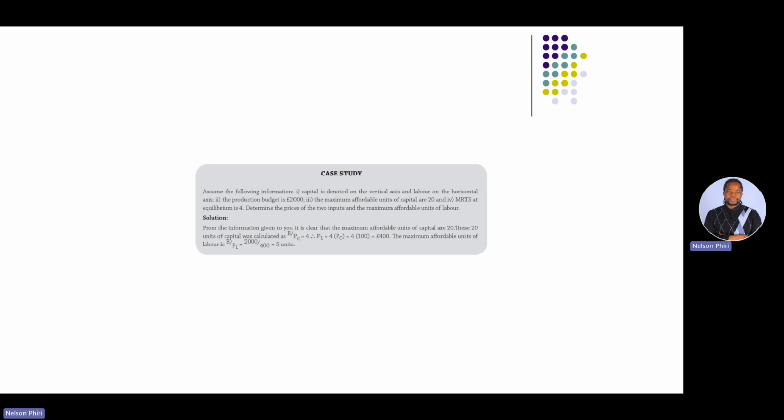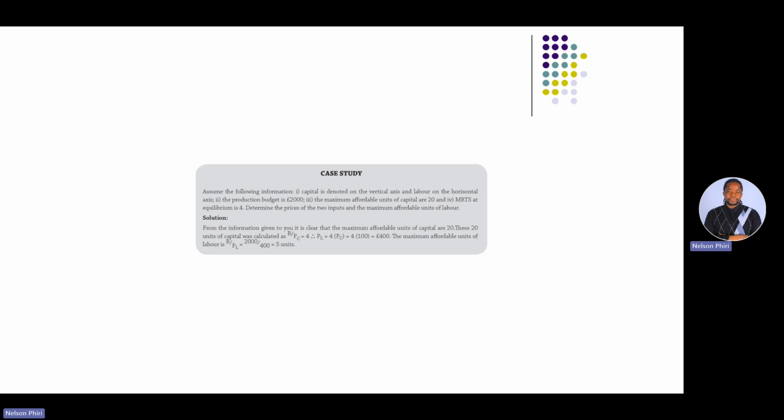And we had said at equilibrium, another important thing to note, which we said in the preceding slide, at your equilibrium, MRTS, which is MPL over MPK, is equal to the price of labor over the price of capital. So we use the budget constraint to establish that the price of capital was 100. We got that by taking 2,000 divided by maximum affordable units of capital of 20.